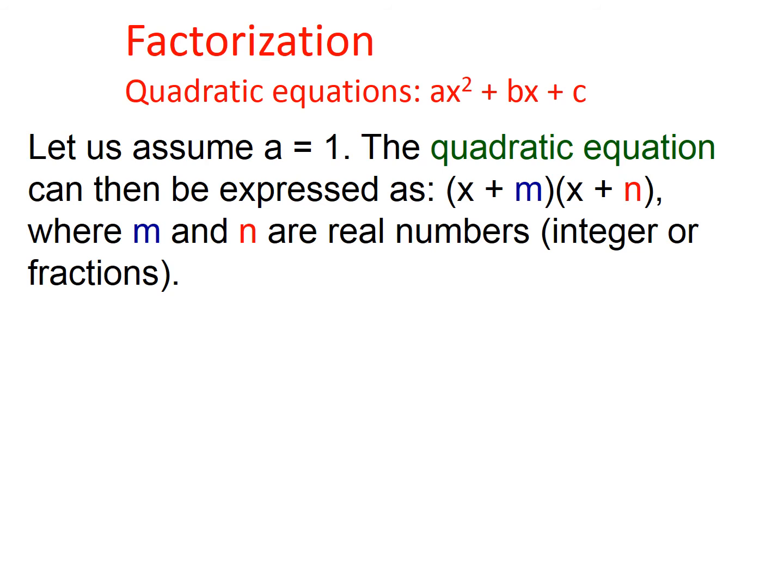Yeah? So, if we had something in here, like x plus 7 in this one, and x plus 5, one of those would have to equal 0, okay? Then we could say x plus 7 equals 0, or x plus 5 equals 0, okay?